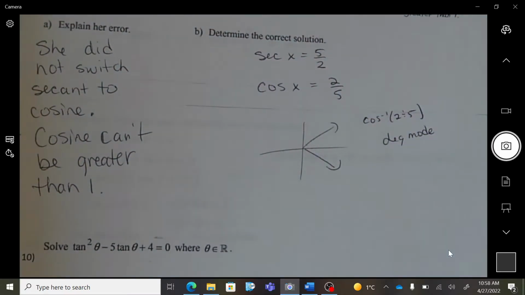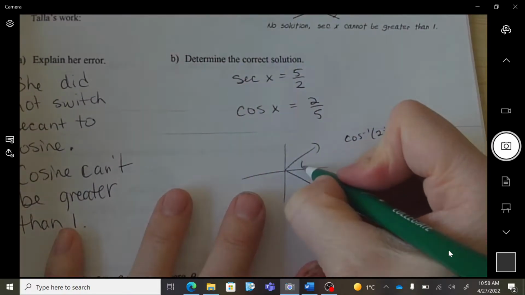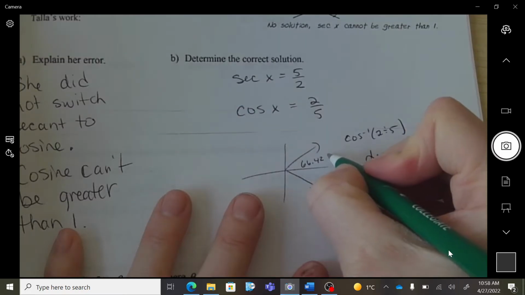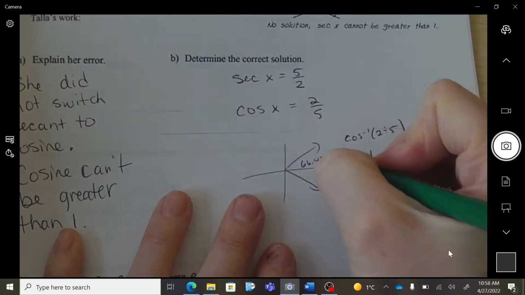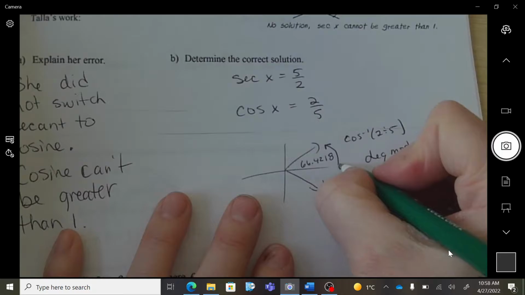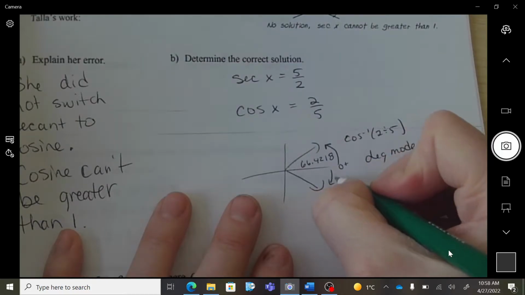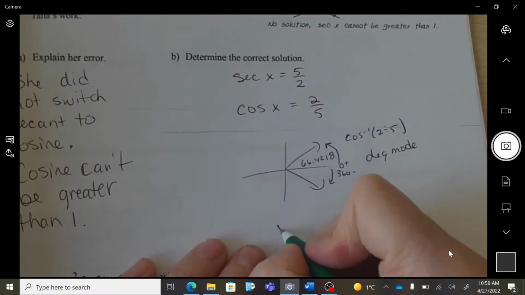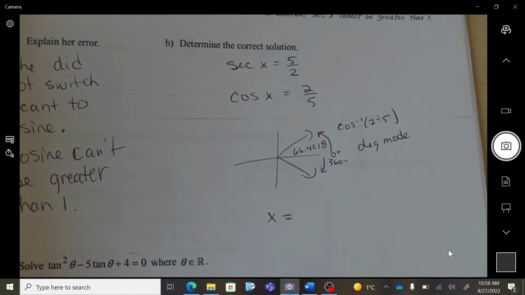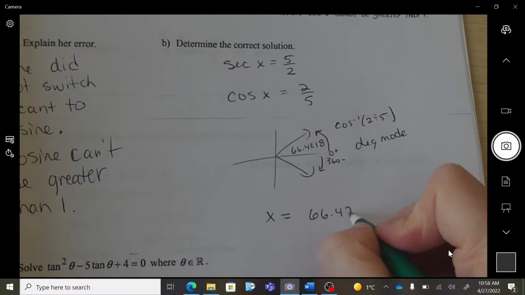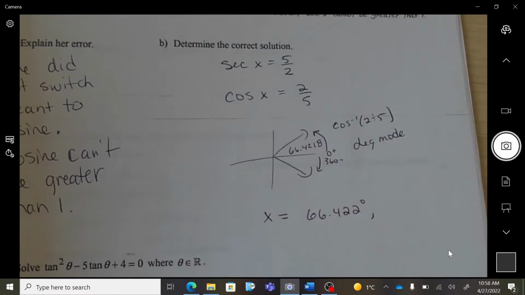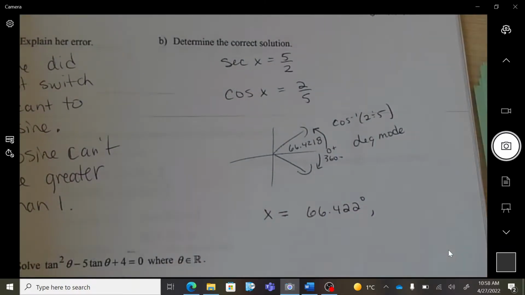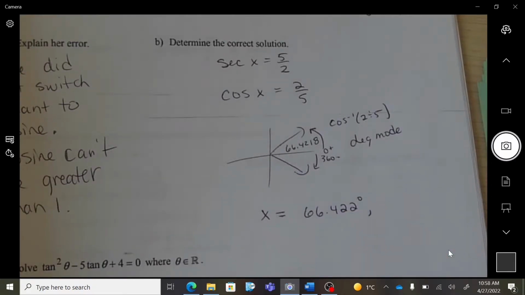Okay, so cos inverse, and I'm getting 66.4218. So this would just be 0 plus, and this would be 360 minus. So here, the angle x equals 66.422 degrees. And then on the 360 minus that angle, 293.578.